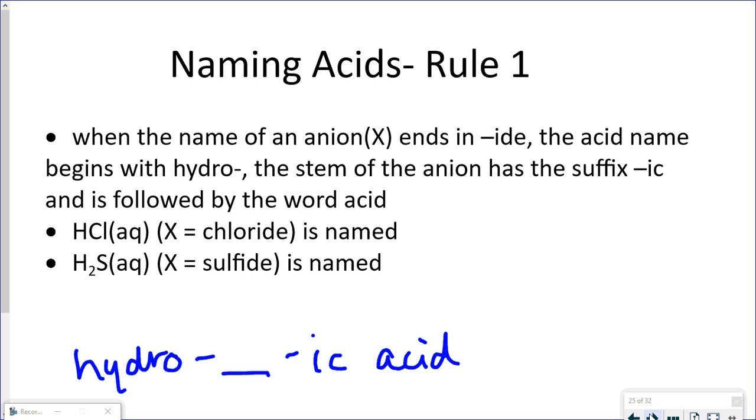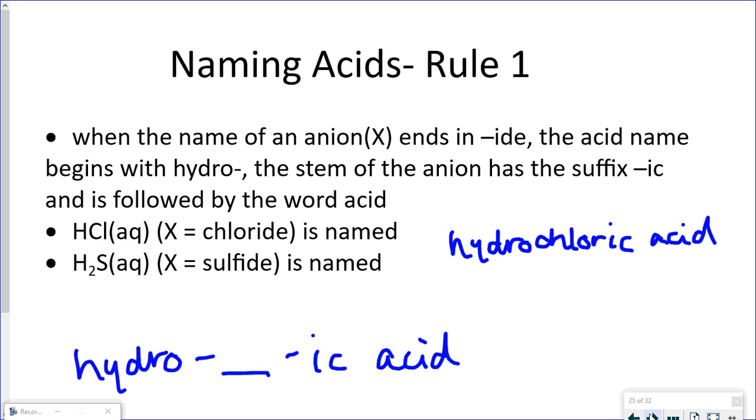So let's look at a couple of these. We have HCl. Remember, Cl is chloride, so it does have that IDE ending. So using our rules, it will have the prefix of hydro, the main part of the name, so the chlor, and then end in ic acid. So HCl is hydrochloric acid.